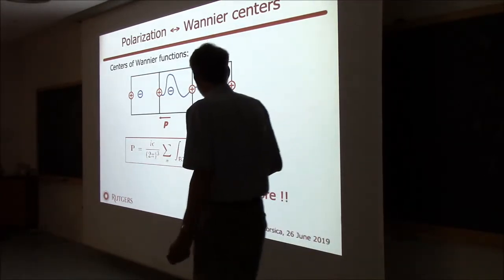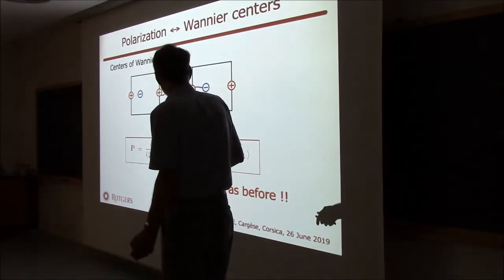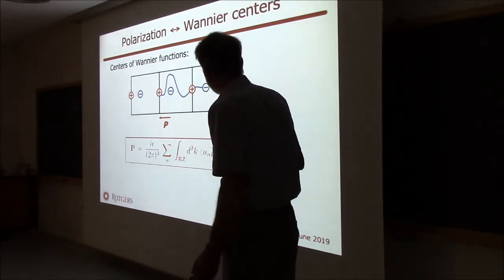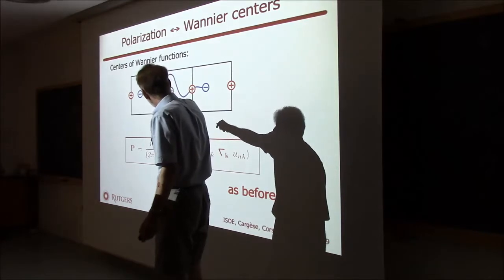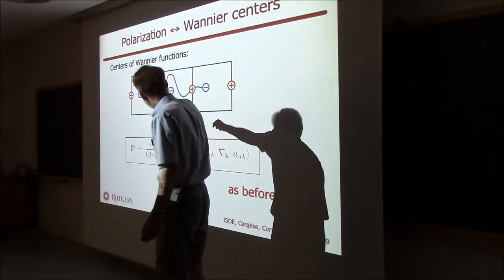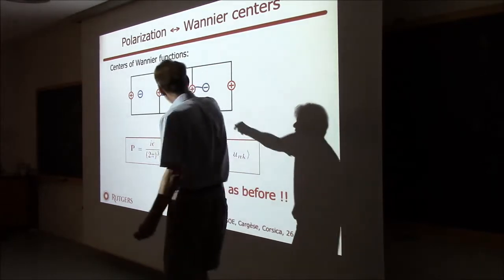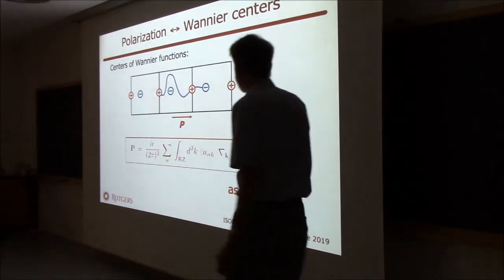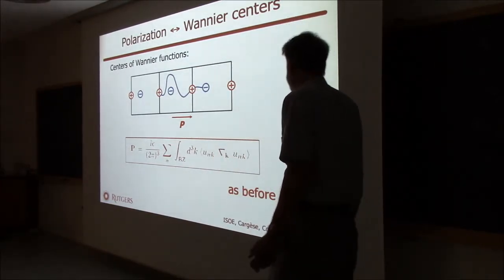And you can see now that the polarization has a kind of ambiguity in it, which is related to the fact that the Berry phase has a 2 pi ambiguity. I can say that the polarization of this unit cell points to the left because the positive charge is to the left of the negative charge, or I can take these two as my primary unit and say the polarization points to the right, and that's a fundamental ambiguity that we can't get rid of.